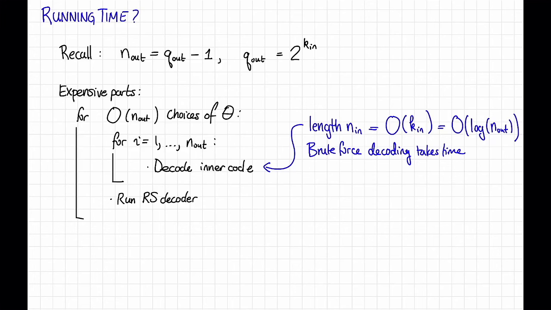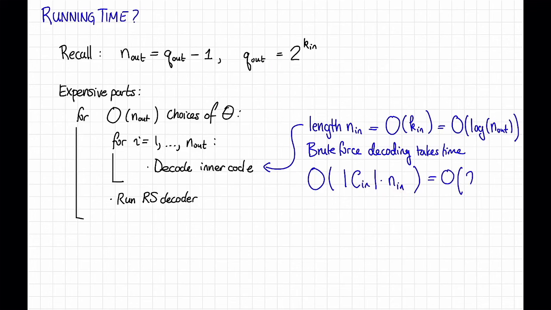So decoding the inner code by brute force takes time big O of the size of the inner code times n_in. That's because what is the brute force algorithm? We're just going to loop over all of the possible code words, check and see how far away they are from the received word, and return the best one.